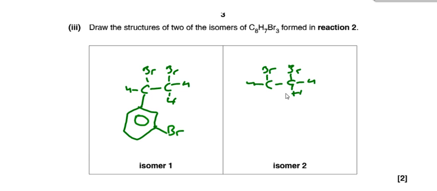Just check that I'm not missing anything out. Make sure you always draw fully your H's. And on this one, just to keep my bromine away from the rest of the molecule, so it doesn't get mixed up with that H there, I've put it down there. You could have it there, there, or there, so I've chosen 2.